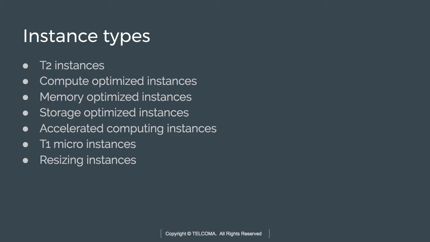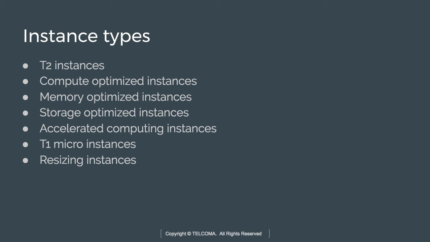These are designed for workloads that require high sequential read and write access to large datasets on local storage. If we require huge sequential read and write access to large datasets, we can use storage optimized instances.